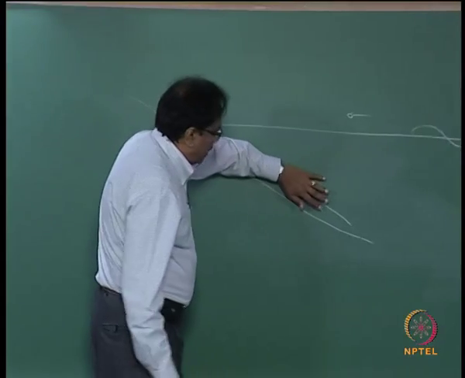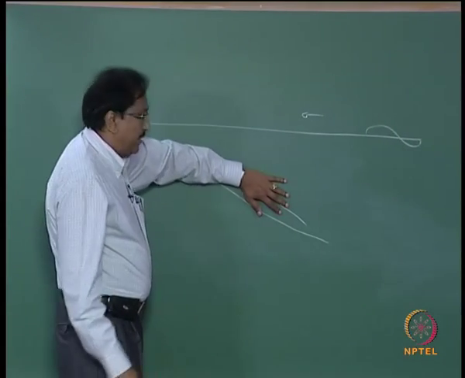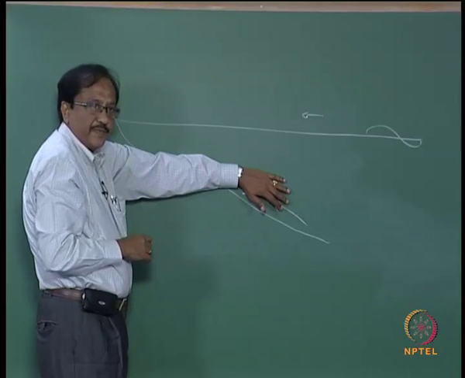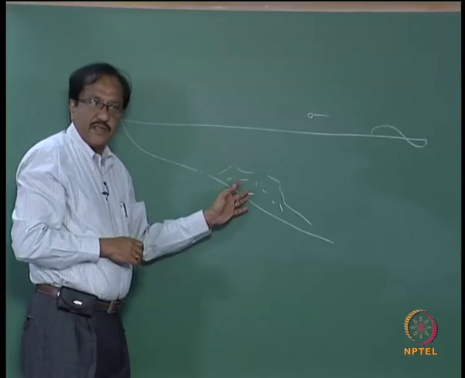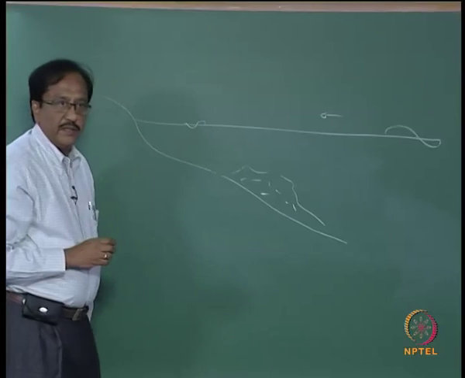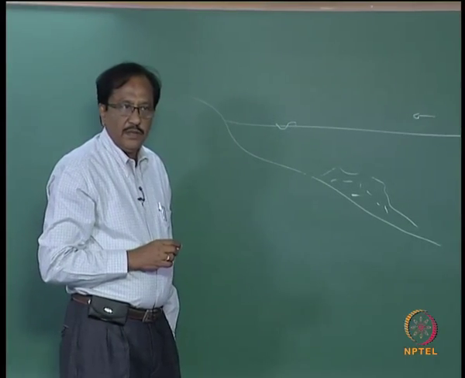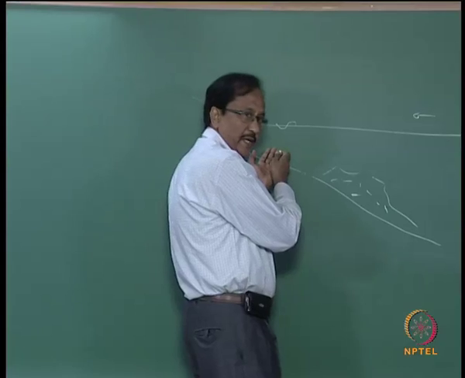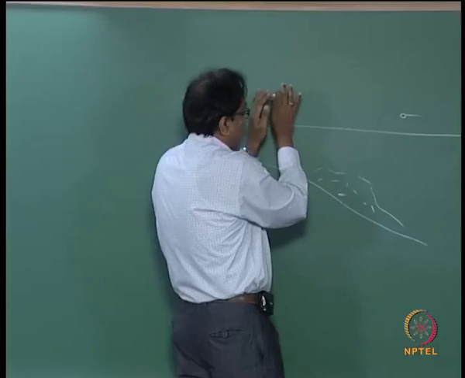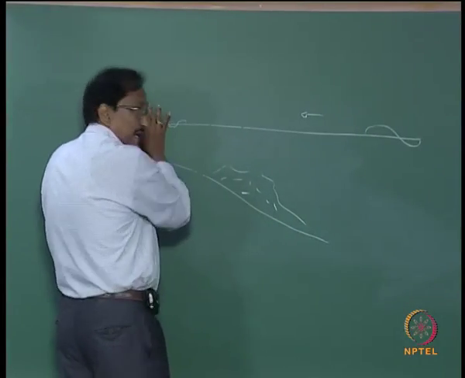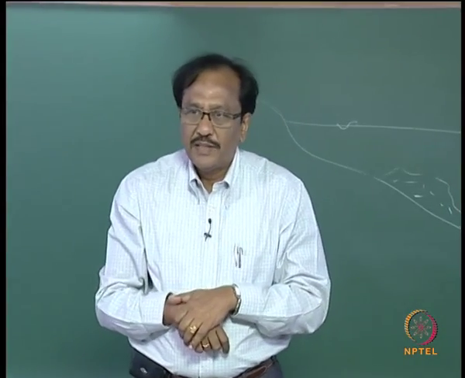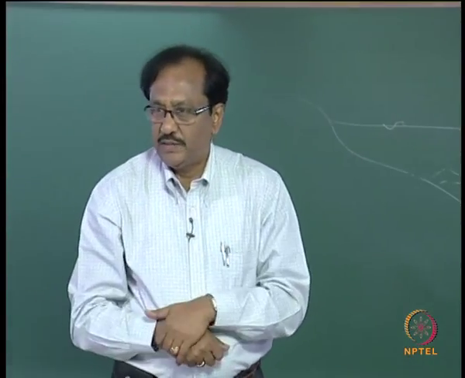If there is no reef, the wave is supposed to break somewhere here, and that is going to create erosion. Now, because of the existence of a natural reef, the energy can get dissipated. When the energy gets dissipated, from higher energy to lower energy, the sand will automatically get deposited here. When such a situation happens, you have a beautiful beach.